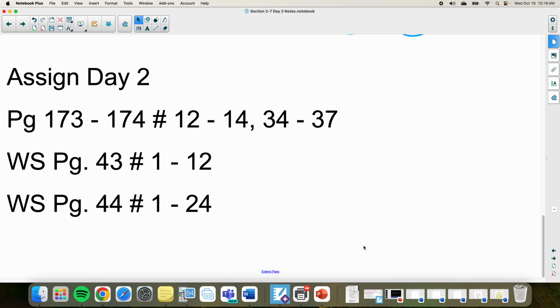For some reason when I did these I didn't do back to back. So if you wanted to, you could do the book pages on the back of one of these sheets, and if you do that, just write me a note on the top sheet that you did the book problems on the back of one of these.